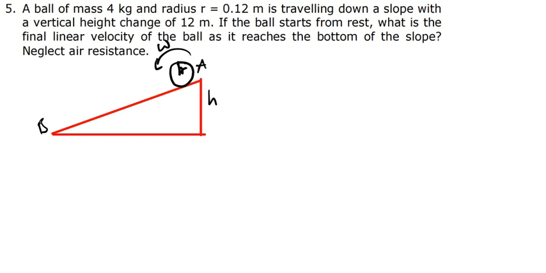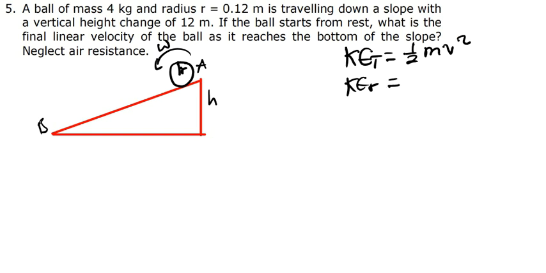But we're going to have two types of kinetic energy: the translational kinetic energy and rotational kinetic energy. When an object is rotating while moving, we expect it to have rotational kinetic energy. Translational kinetic energy is the same kinetic energy that you know, half mv squared.